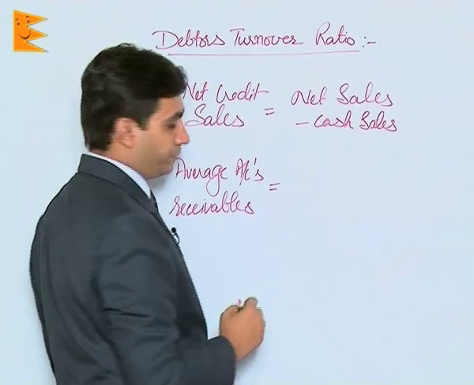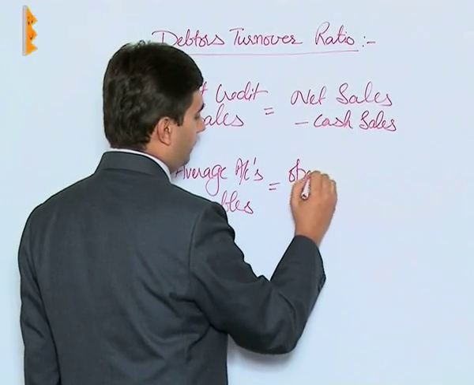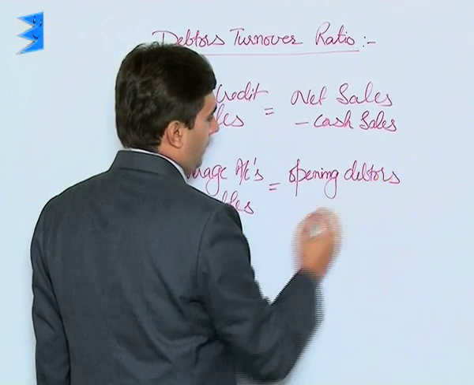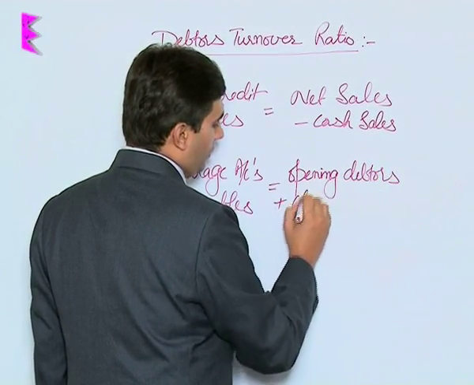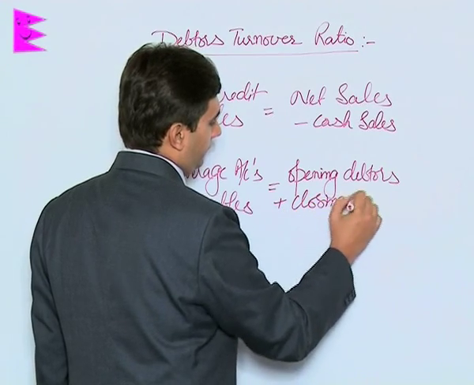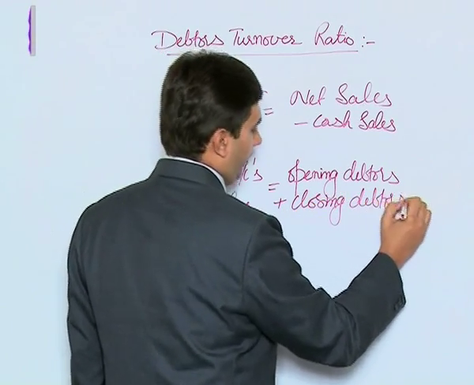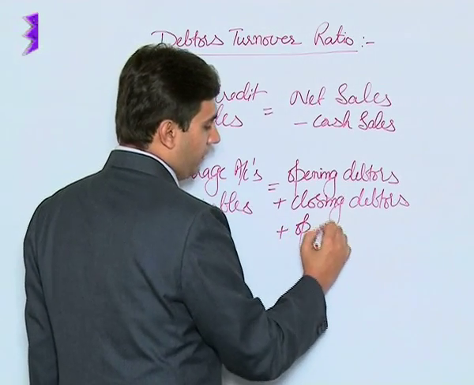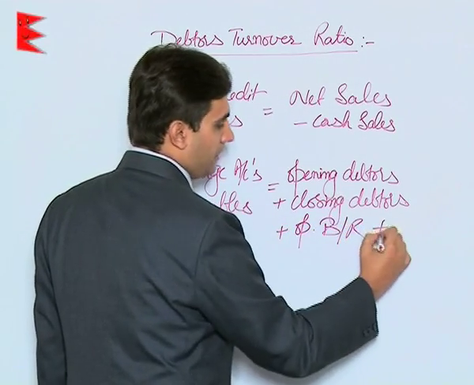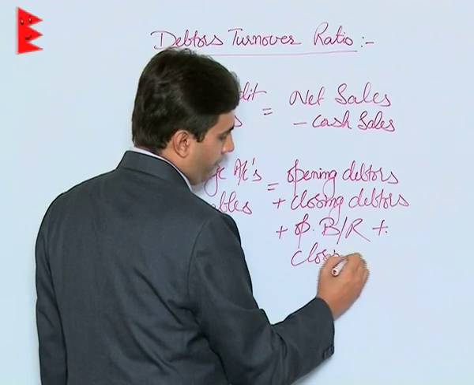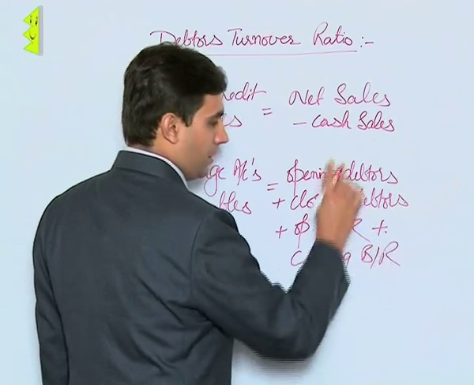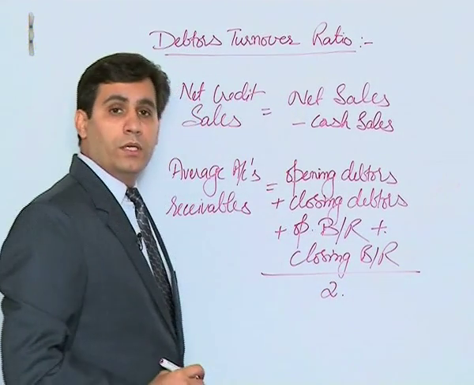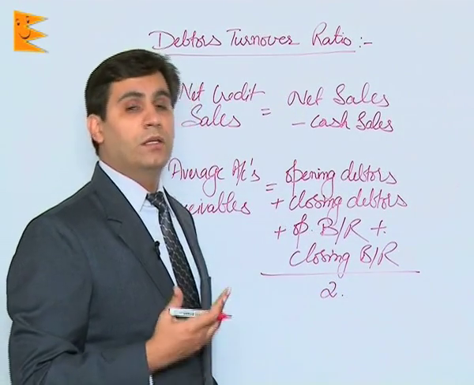This is equal to opening debtors plus closing debtors, and in case bills receivable are also there, then opening BR plus closing bills receivable or BR, the sum total of all these four divided by 2. In case bills receivable are not given, you can ignore them.